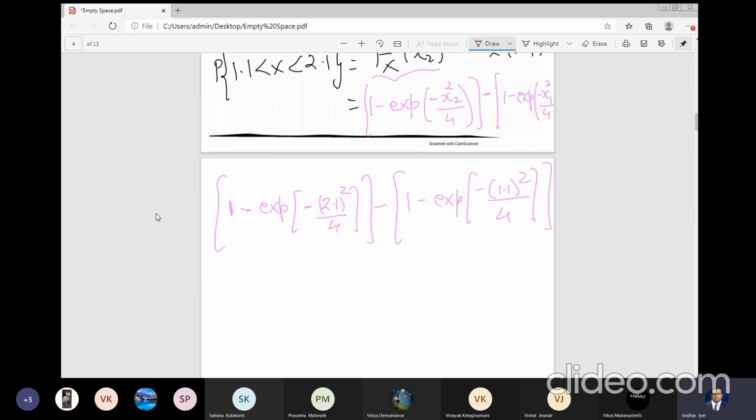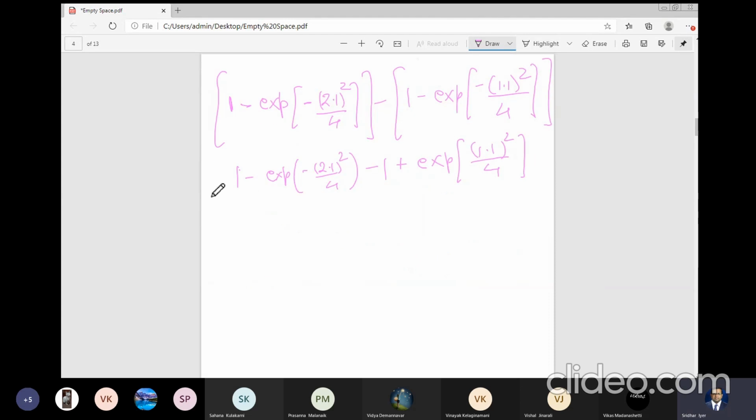Right? So very simply, now we can simplify this. You'll have 1 minus exponent minus 2.1 the whole square by 4. Now I'll open the bracket here. So you'll have negative 1. Negative into negative will become plus exponent minus 1.1 the whole square by 4, right?